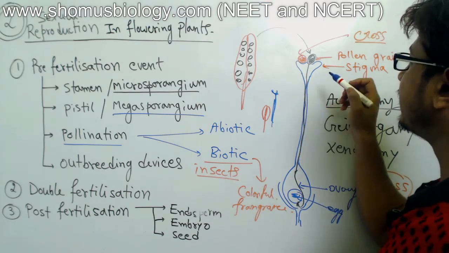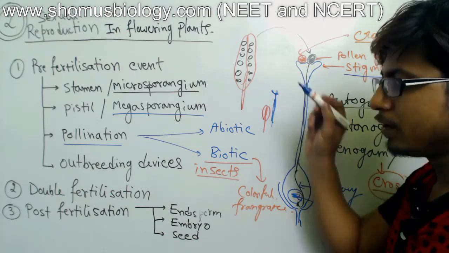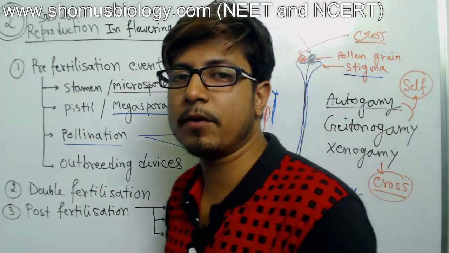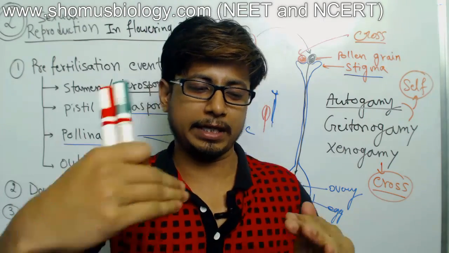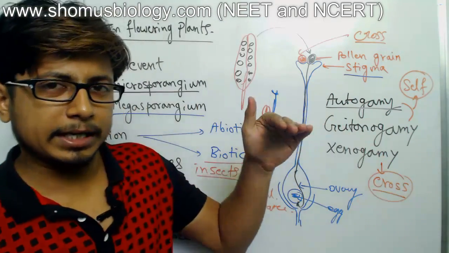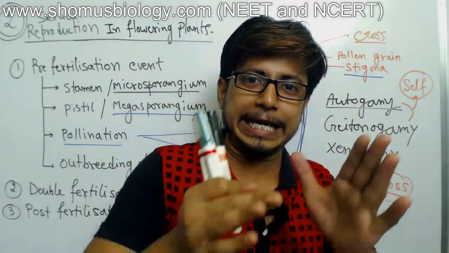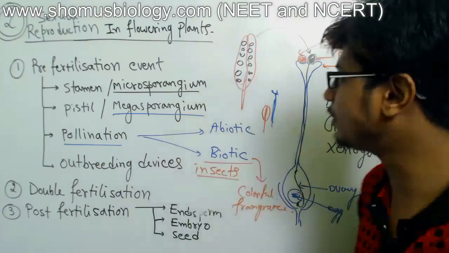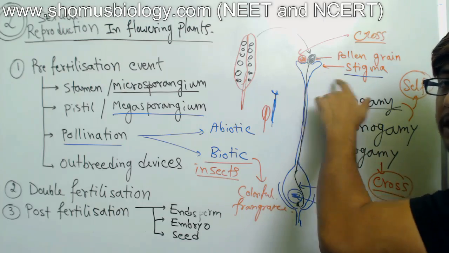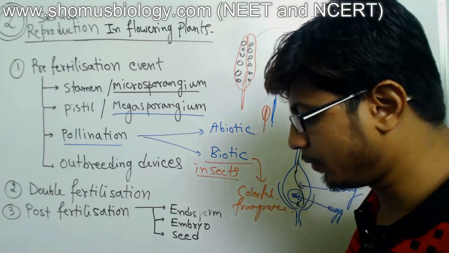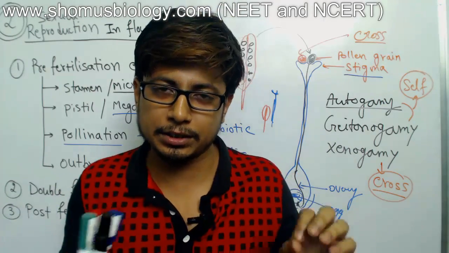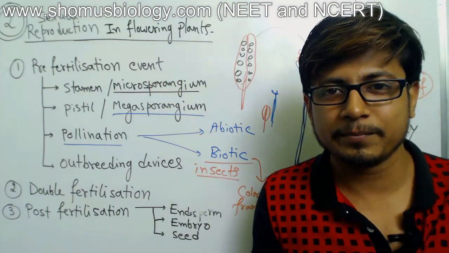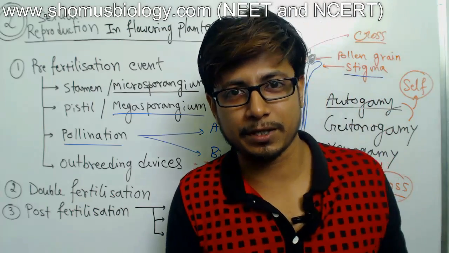Another way is that they keep the stigma away from the stamen. They keep the stigma away from the anther part of the flower, because if they keep it away, then even though there is air, the pollen grain cannot enter and cannot attach to the surface of the stigma. That's another way. It's a mechanical way. By changing the position of stigma and changing the position of anther, they can prevent the chance of self-pollination.